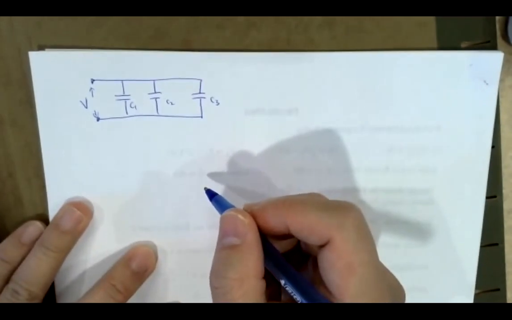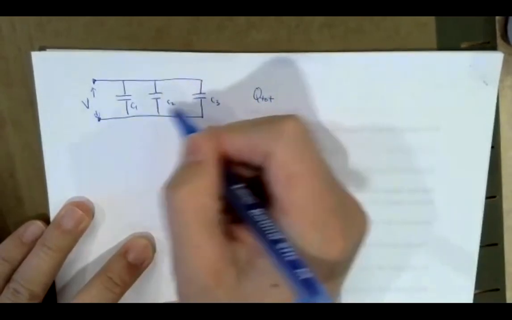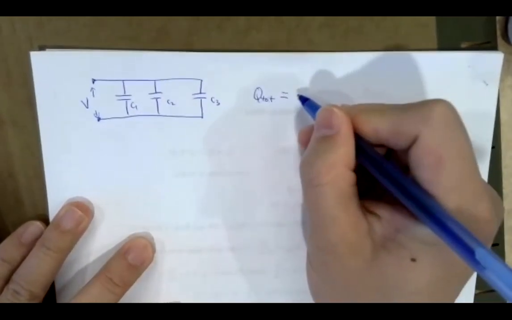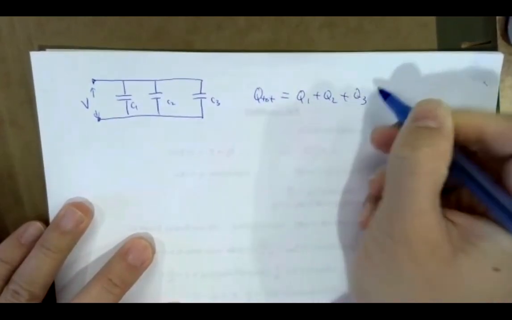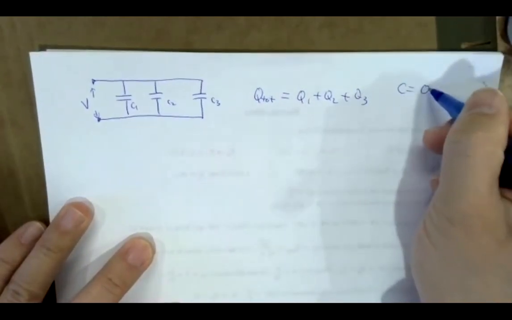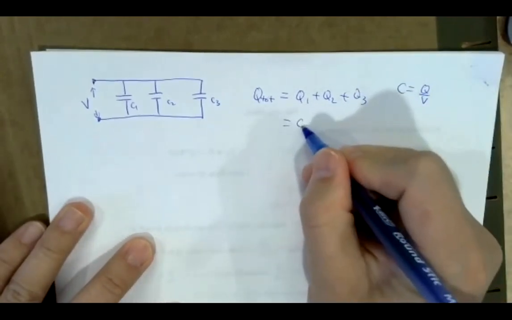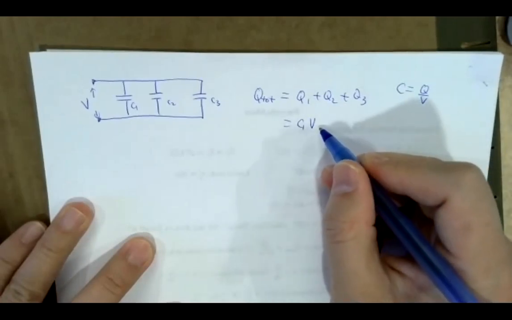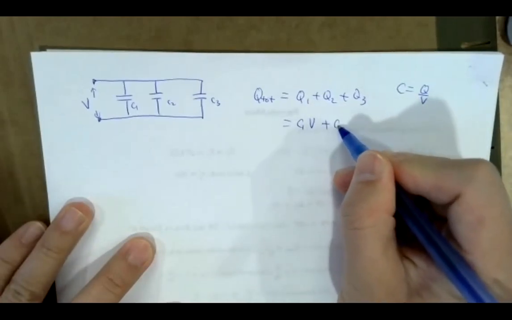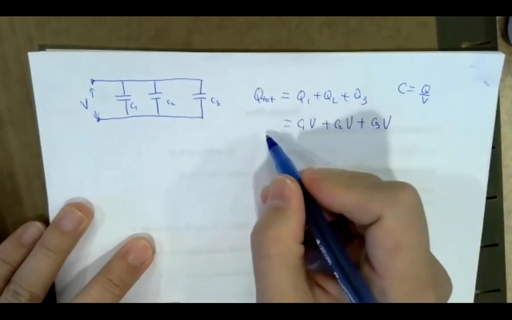Then in this case, we can calculate the total charge, Q total, on the capacitors, okay? That should be equal to Q1 plus Q2 plus Q3. Now again, C equal to Q over V, so then Q1 is equal to C1 times V, okay? You have the same V, so V1, V2, V3 are the same. Q2 will be C2V, Q3 will be C3V, all right?